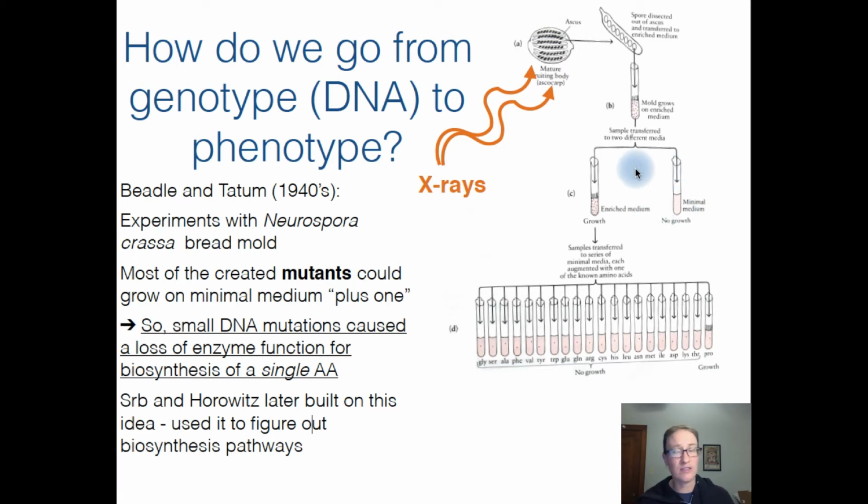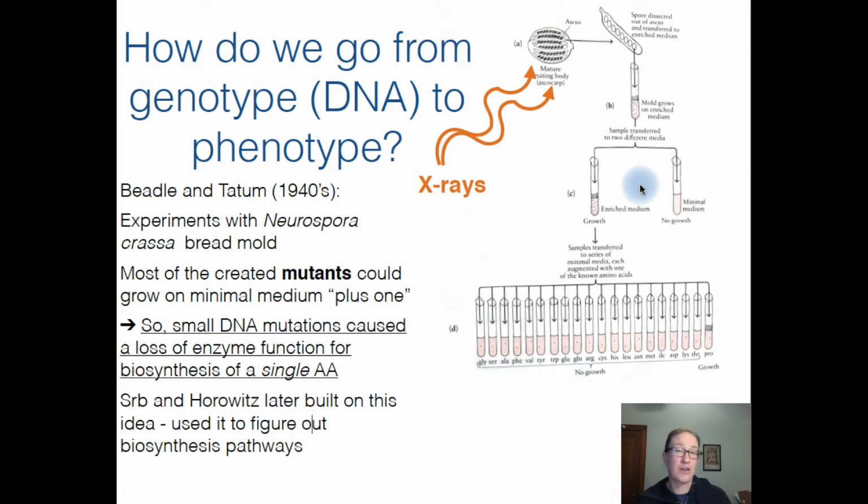And they looked for situations where the mold could grow okay on the enriched medium, but it would not grow successfully on the minimal medium. So what that told them is that their mutation had caused a problem where suddenly this mold went from not requiring amino acids to actually requiring that the amino acids were present.